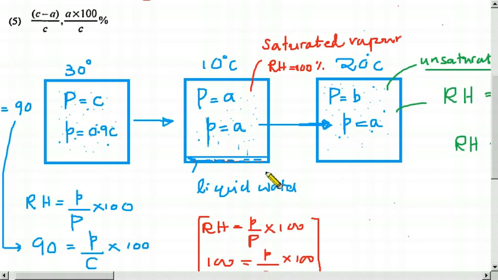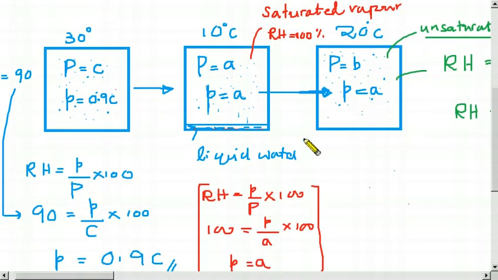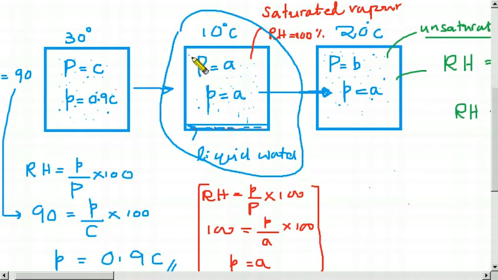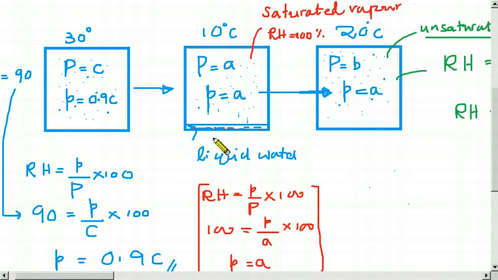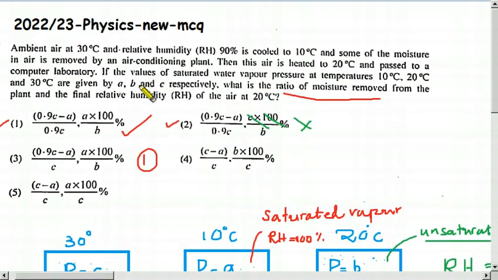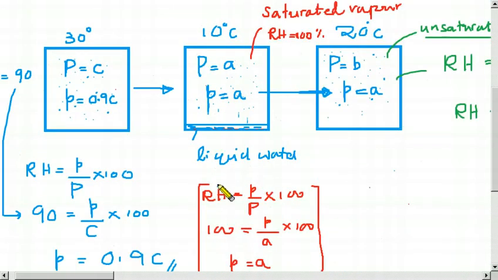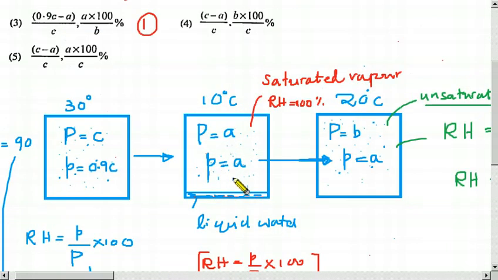Children, before we go to the target questions, I have something important to tell you. To answer this question, you should thoroughly identify and understand this process. That means how an air conditioning plant, normally we say air conditioner, functions, you should know.